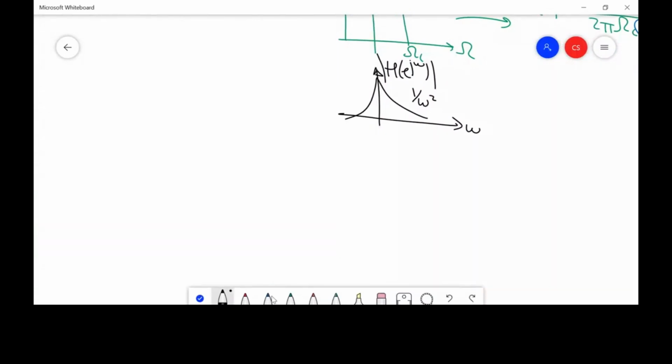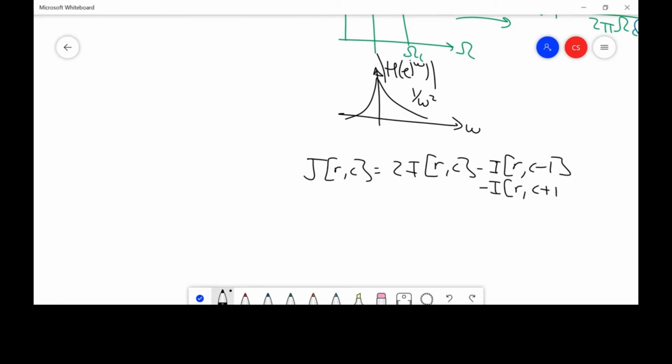We have this filter. The image C was twice I(r,c) minus I(r,c minus 1) minus I(r,c plus 1). This was our neighborhood.